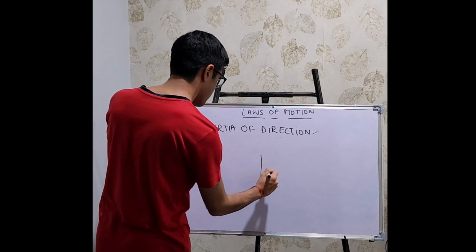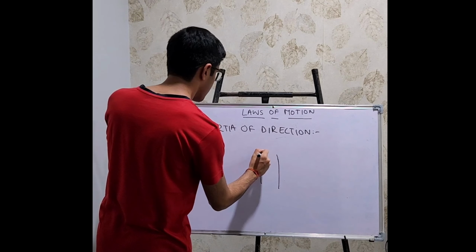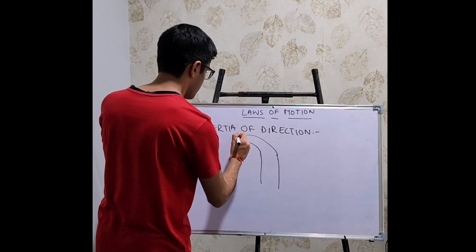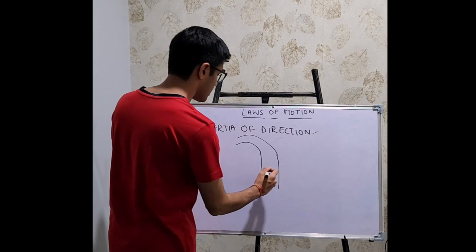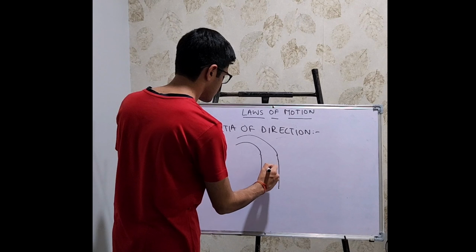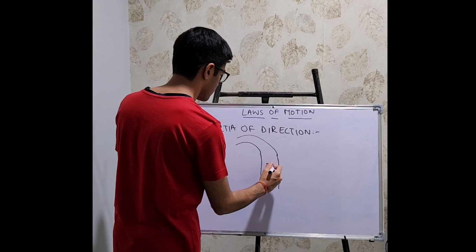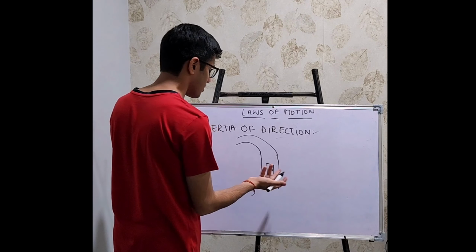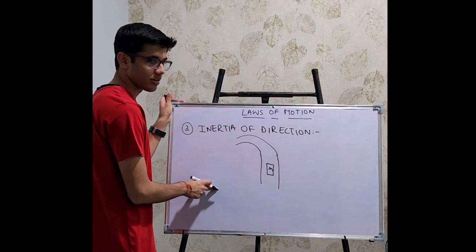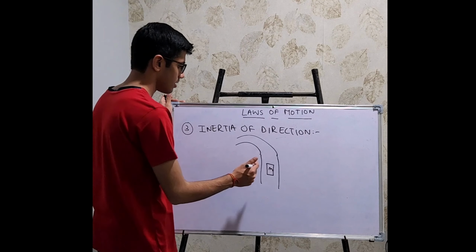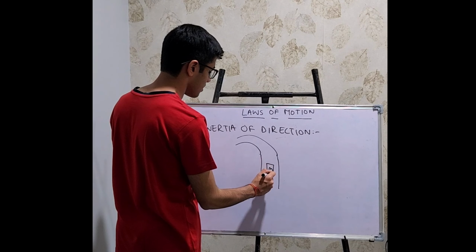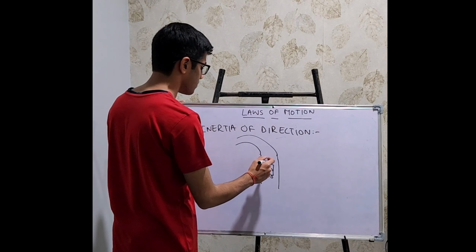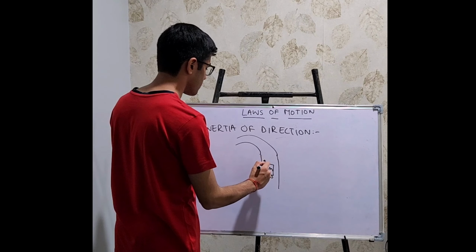Let us say this is a straight road and then it curves at this point. Now let us say there is this car, and we can say the mass is not what we are looking for here. Let us say this is a car and it moves with a velocity v.